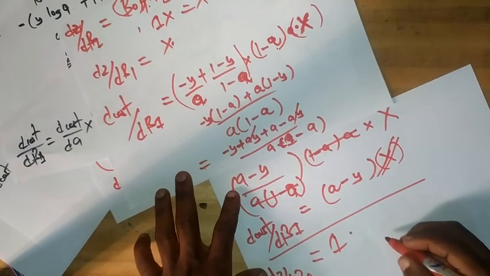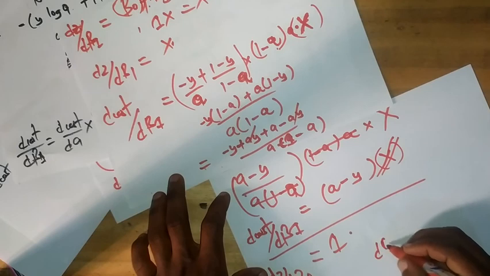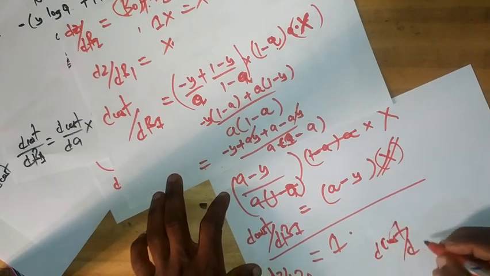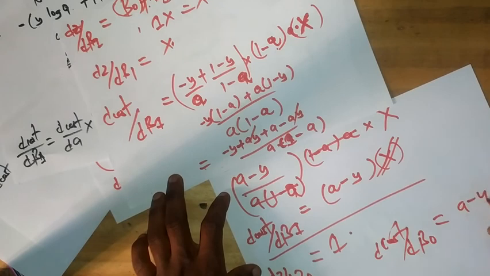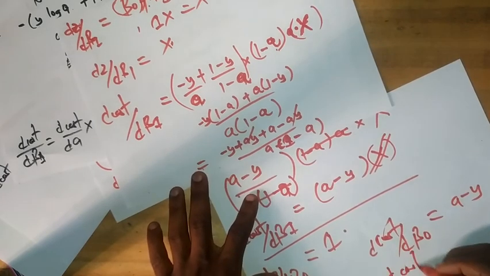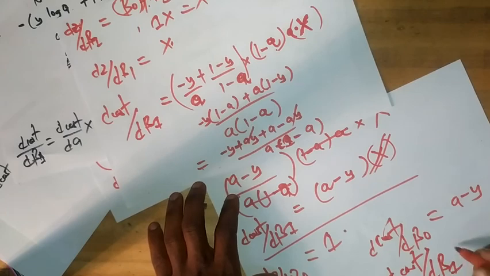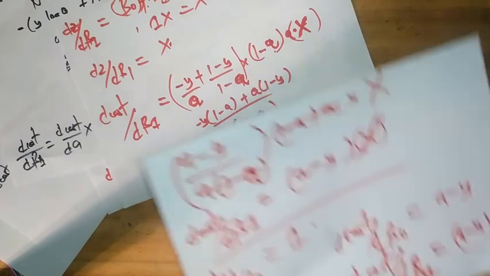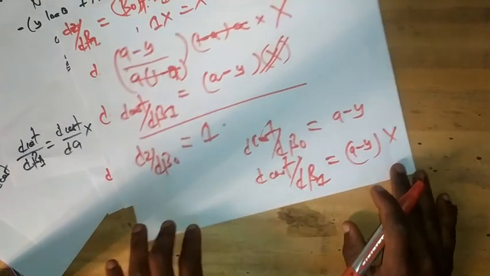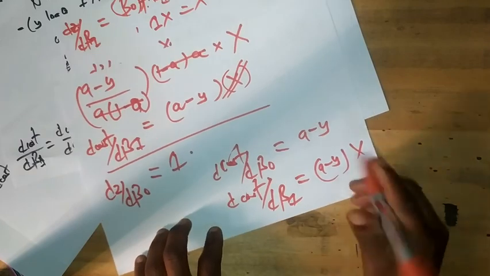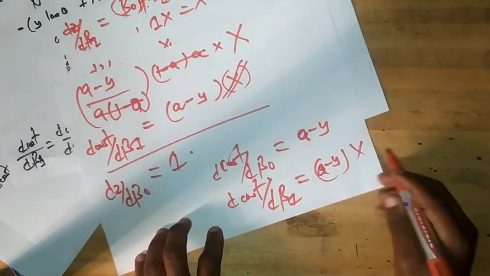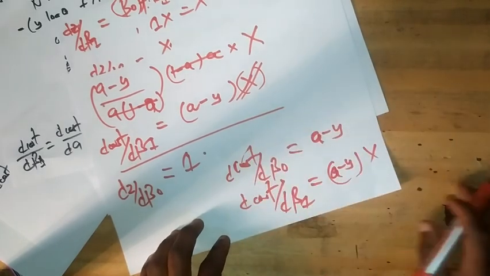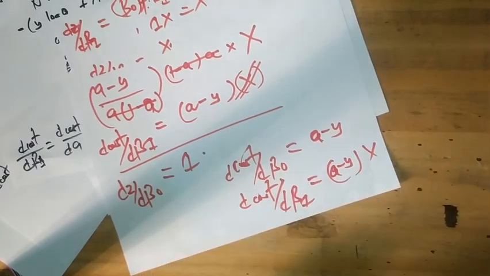So the derivative of cost with respect to beta 0 equals a minus y. Meanwhile, the derivative of cost with respect to beta 1 equals a minus y multiplied by x. This function looks similar to the one we had in linear regression, but this is the theory of how we were able to obtain the gradient for the log loss function with respect to beta 1 and beta 0. That's it.